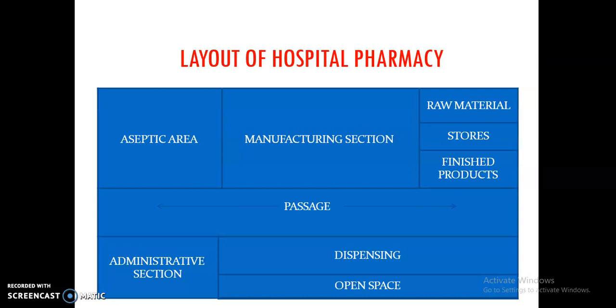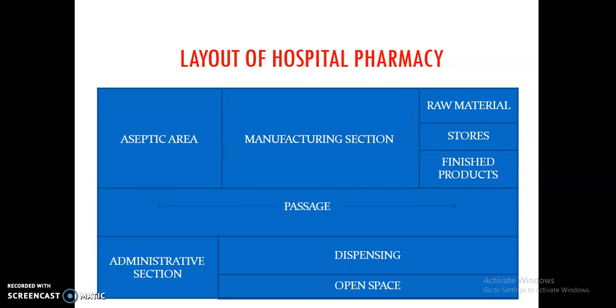Then the main part, as I told you, the layout of hospital pharmacy. The layout should be like that. You can see in the slide that the aseptic area is there, the manufacturing section is there, raw material is there, also stores and the finished products.